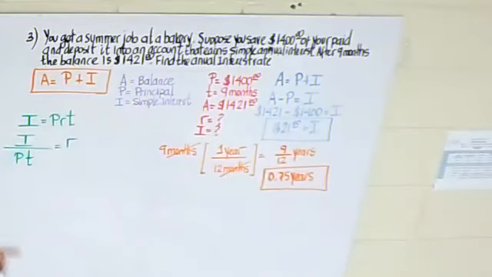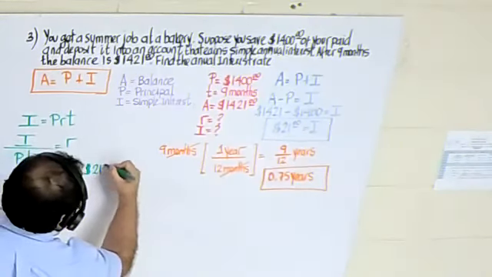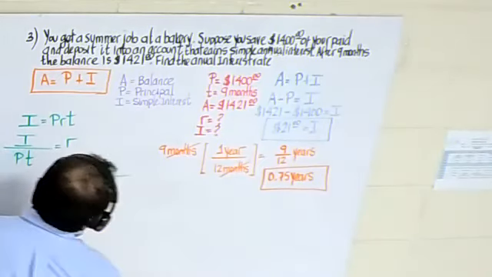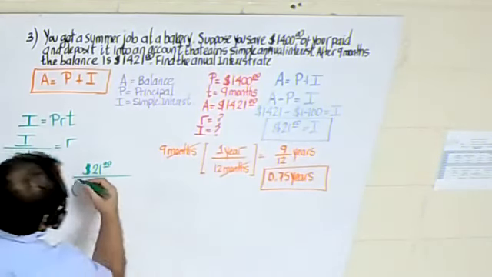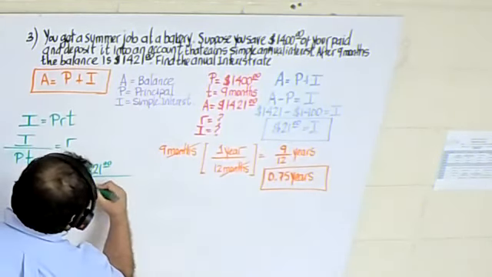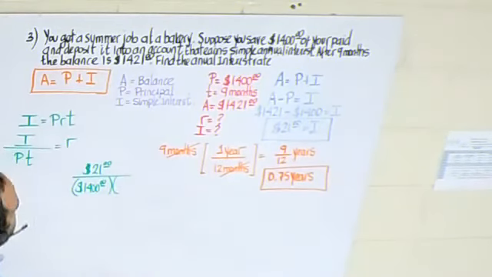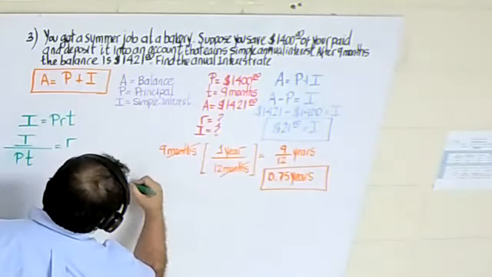So what is the value of I? Remember, I is represented by $21. That will be divided by the principal. What is the value of the principal? $1,400, right? Multiplied by the period of time in years, 0.75.